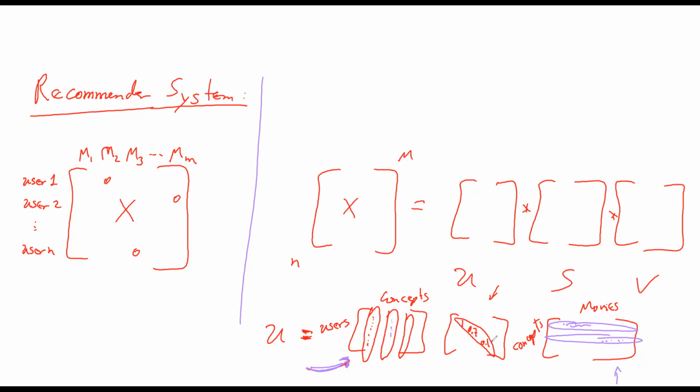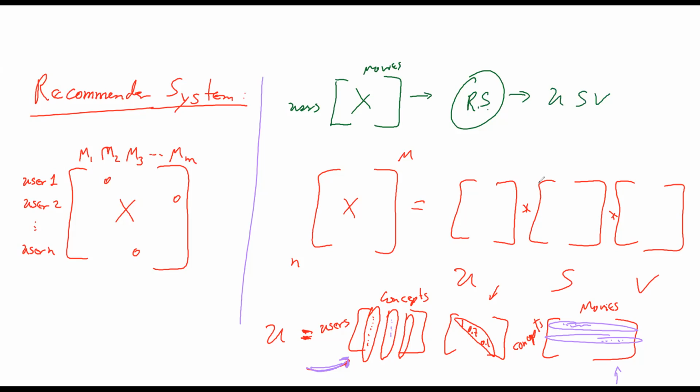But anyway, that's the intuition that I wanted to give you, and so now you understand. What do you understand about the recommender system? You understand it as a black box, at least before we look at how the algorithm works, because you give it X, users, movies, and you feed it into a black box, the recommender system, and then it's just gonna give you U, S, and V, right?